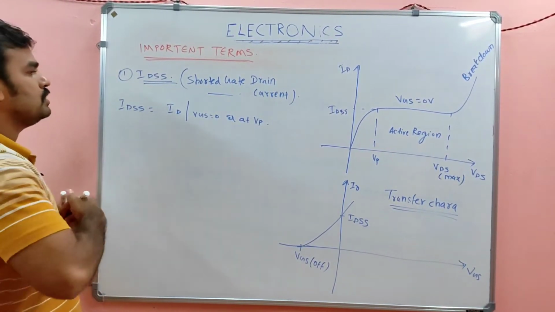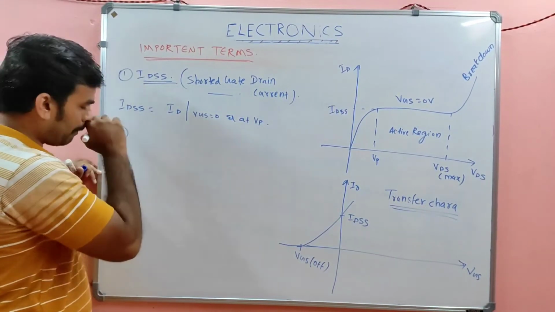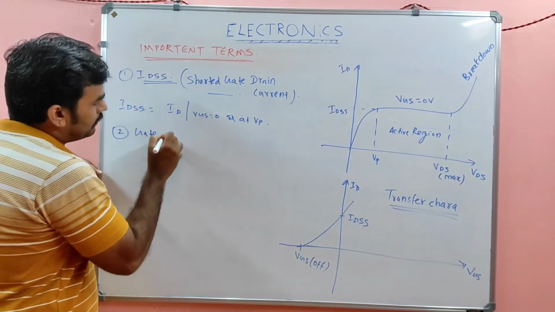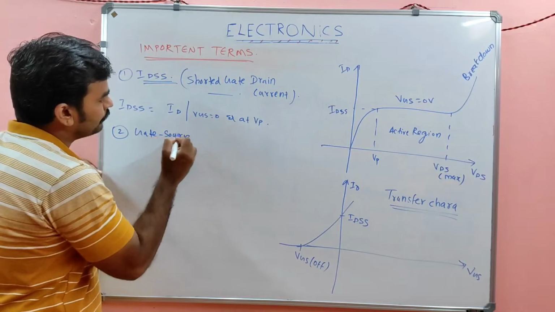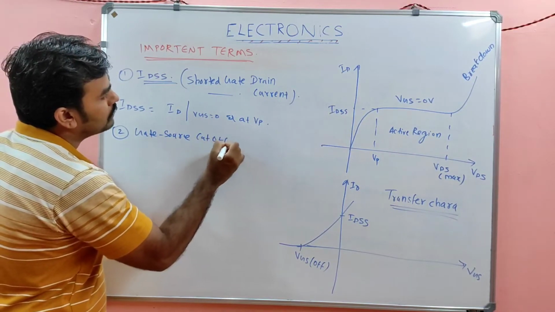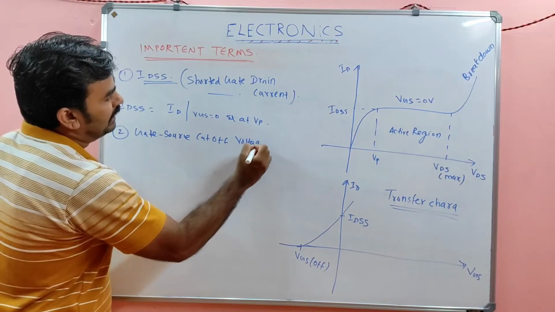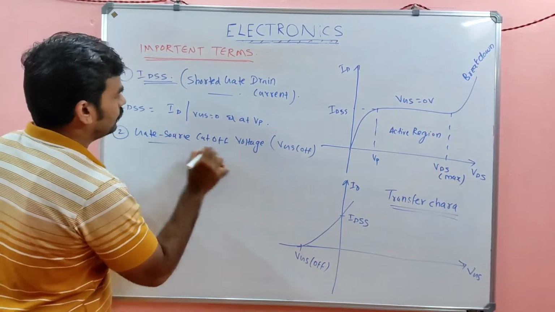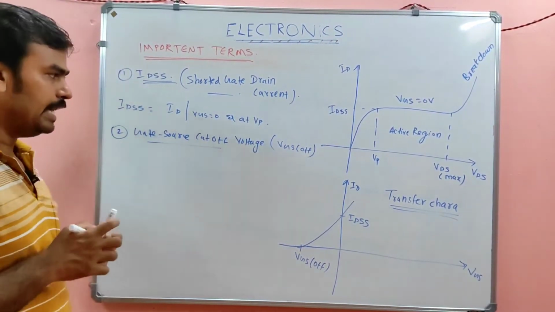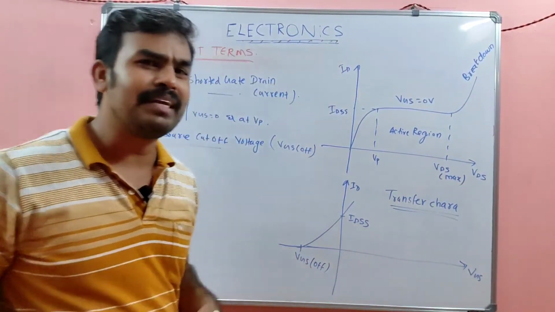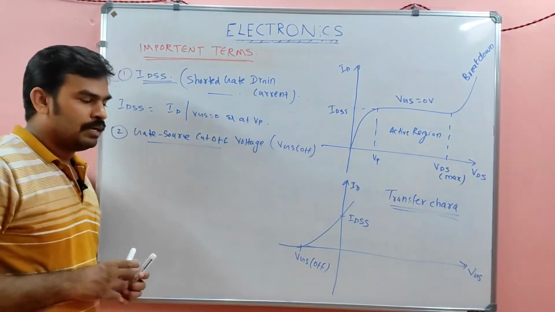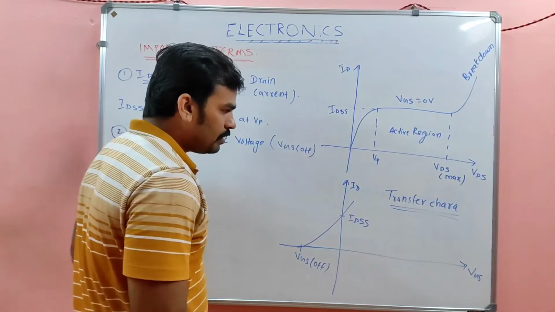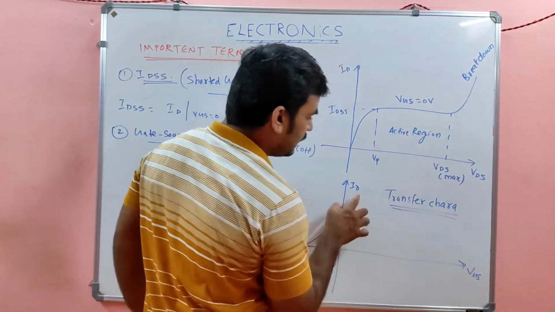Next, another term is gate to source cutoff voltage, represented by VGS(off). What is meant by gate to source cutoff voltage? Suppose we are drawing the VGS against ID graph.